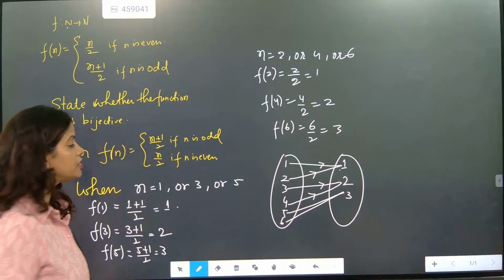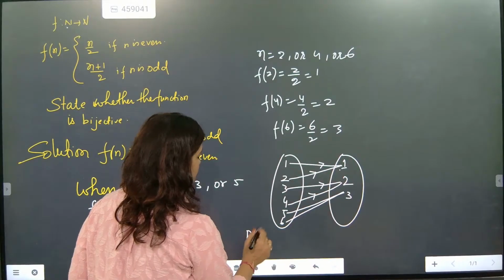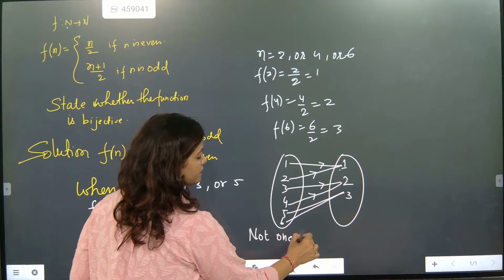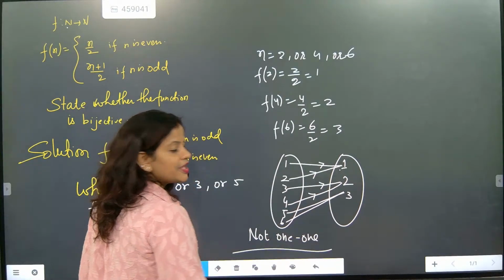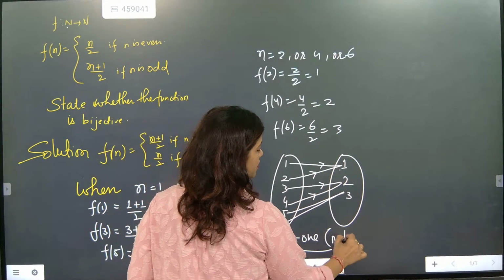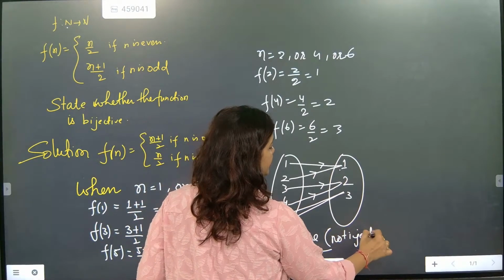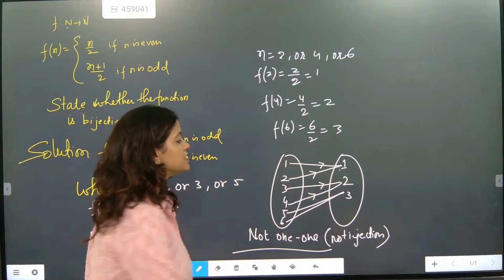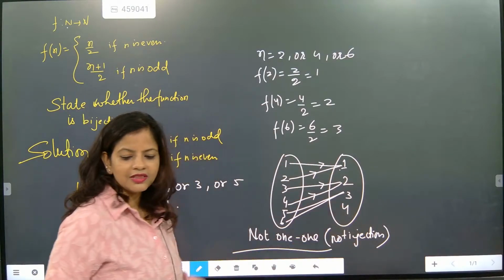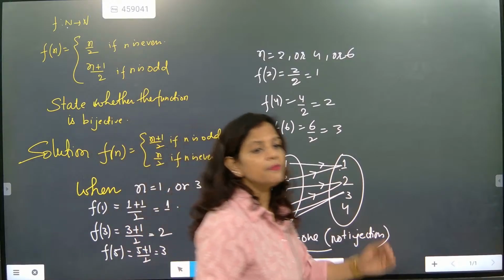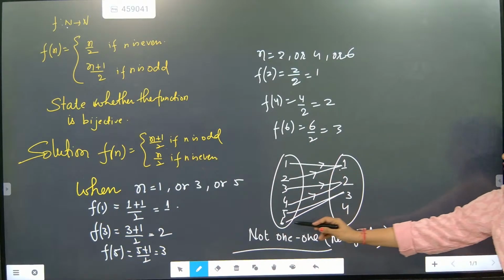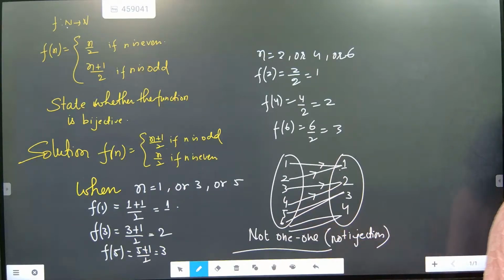So it is not one-one. Understood? That means it is not injective. But did you notice, beta, all the set of natural numbers will be mapped. 1, 2, 3, 4 like that, systematically. 4 will also get mapped by 7 and 8.